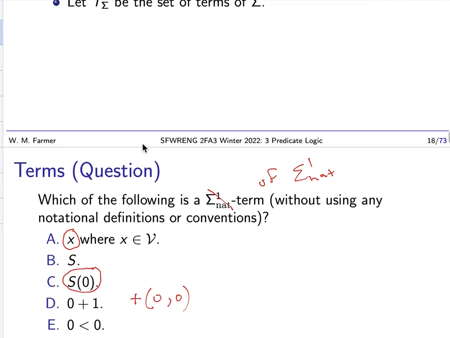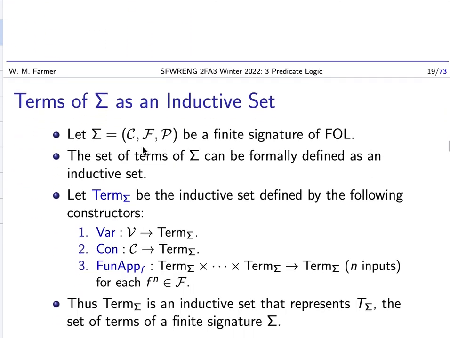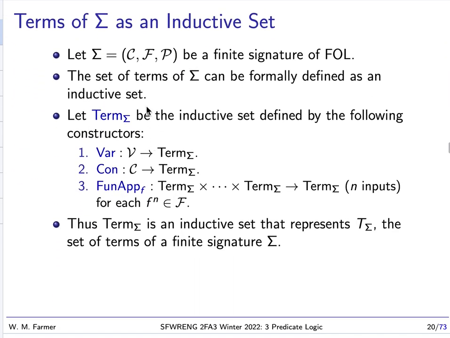They're not predicate applications. Now, the interesting thing about the terms of sigma is that we can define them as an inductive set, where we have a constructor var, which takes a variable and gives back a term of sigma, con, which takes a constant and gives back a term of sigma.